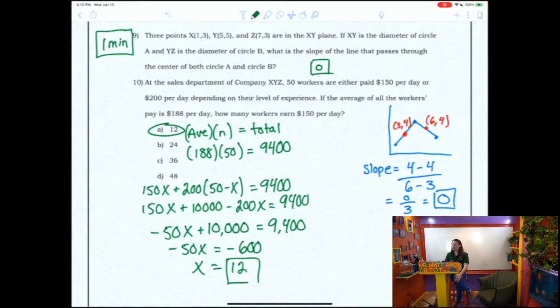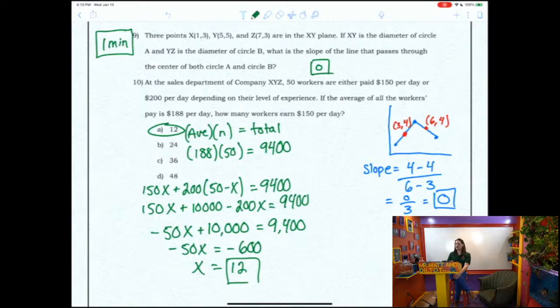So we can combine the 150x and the negative 200x to give you negative 50x. So we have negative 50x plus 10,000 is equal to 9,400. Subtracting 10,000 on both sides, we get negative 50x is equal to negative 600. And dividing by negative 50 on both sides, you'll find that x is equal to 12.